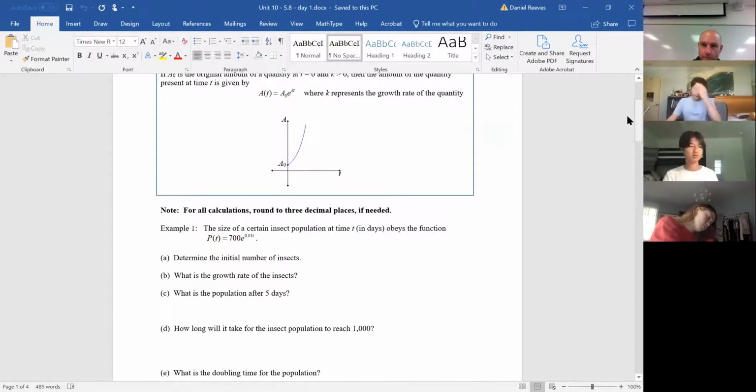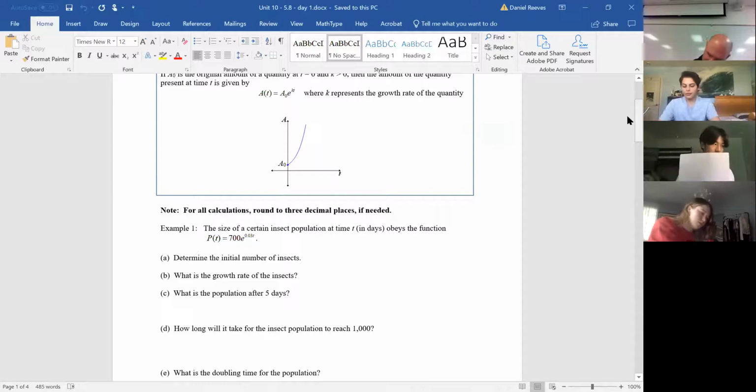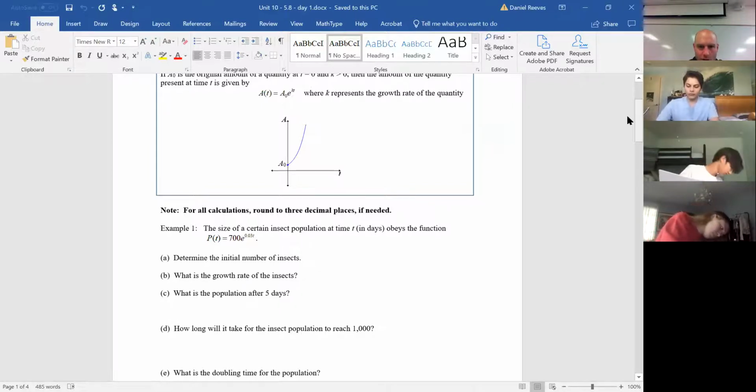What number do you see there? 700, absolutely. So my initial number of insects is just 700. That rate is that thing right up there by the t. That 0.03 is that growth rate.